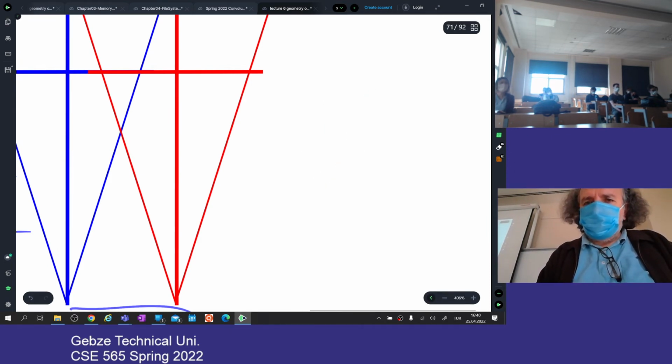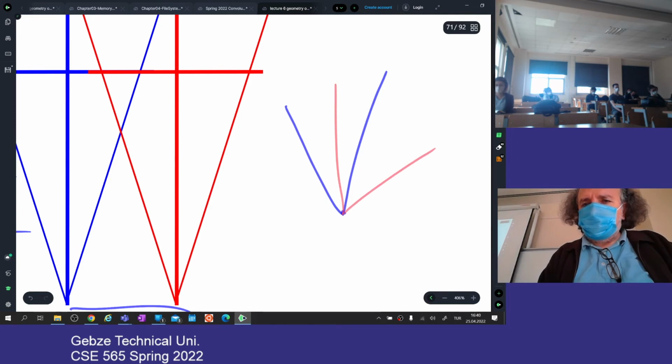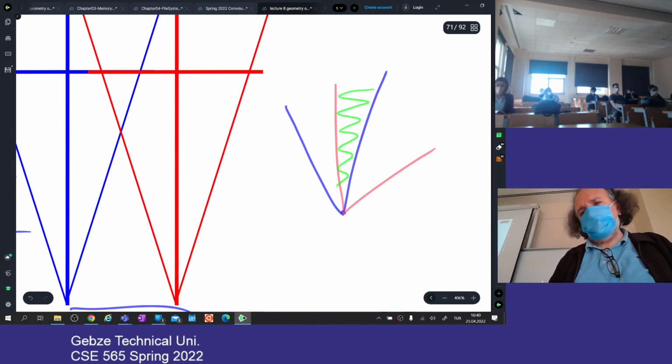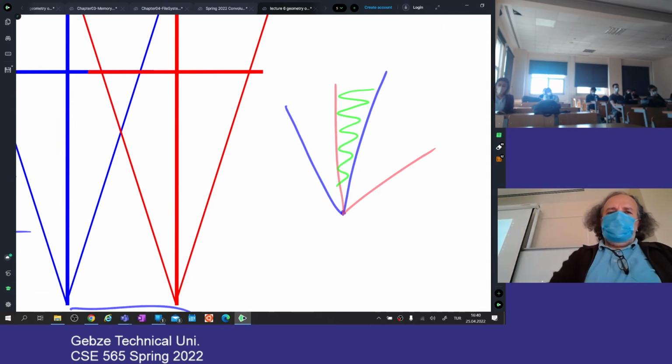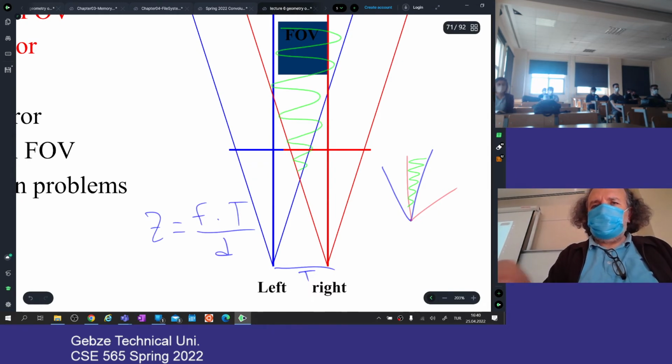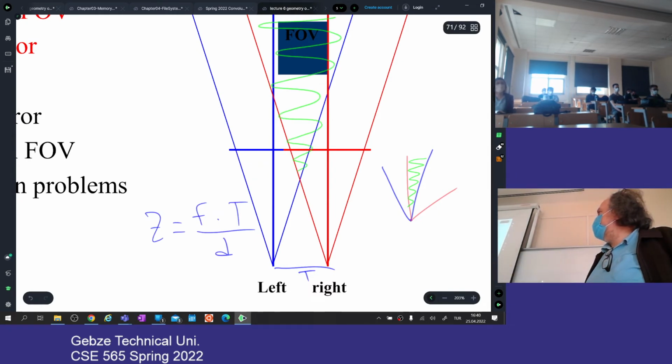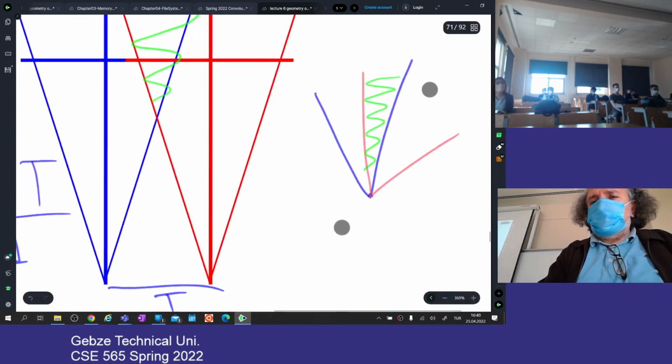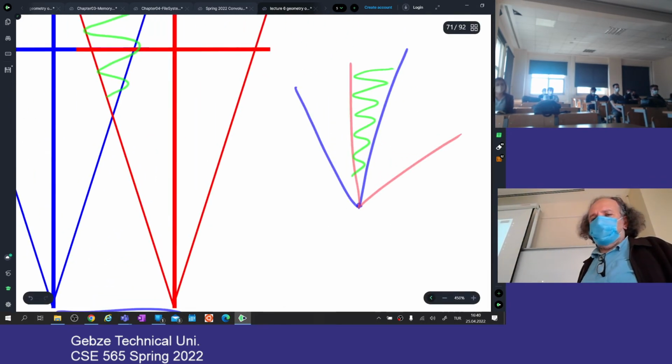Okay, this is my left camera, and this is my right camera, and this part is the common field of view. Okay, in this case, this is the common field of view, left and right. This is my common field of view. If the baseline is 0, this will be my common field of view.